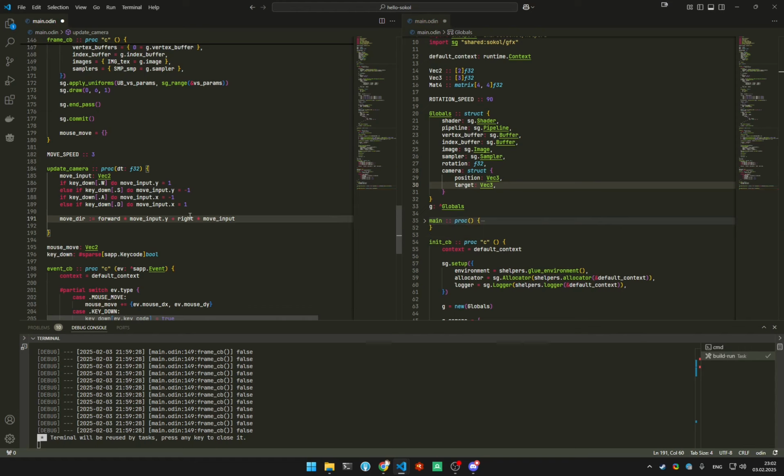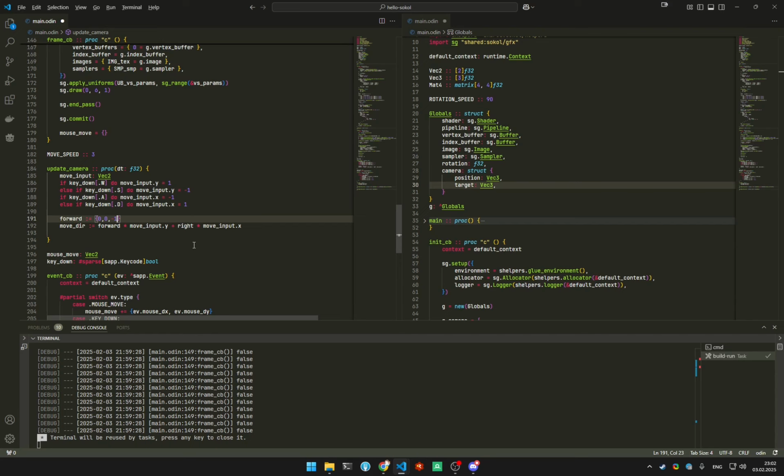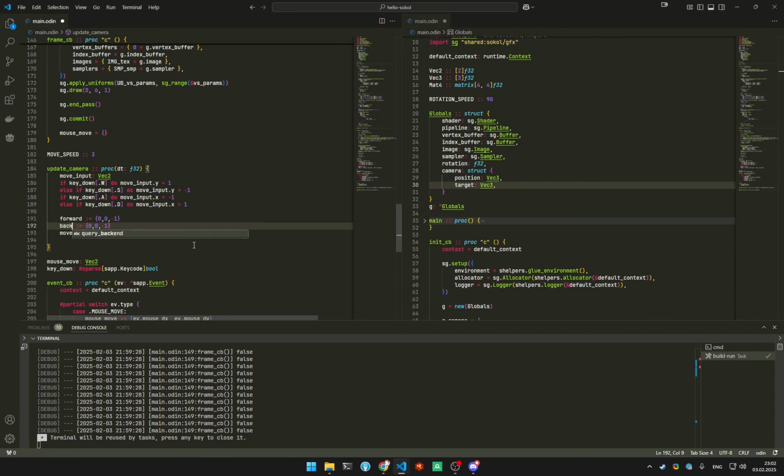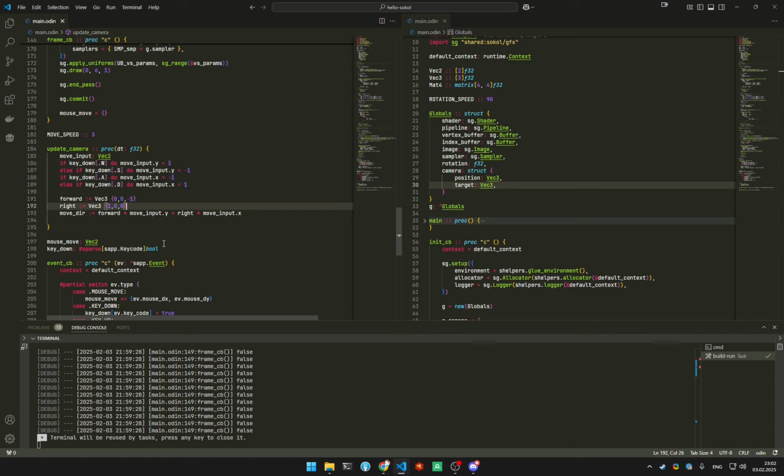For now, let's say forward is just always forward in our coordinate system, so -z, and right is of course just positive x. So we have these nice vectors that are corresponding to our coordinate system.